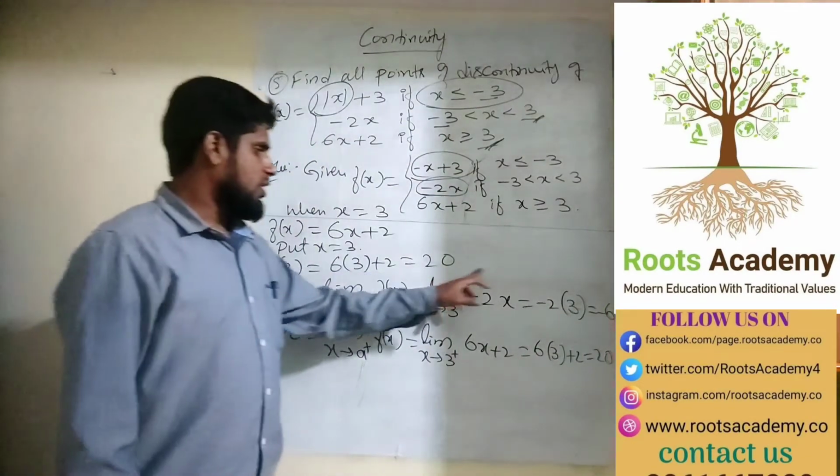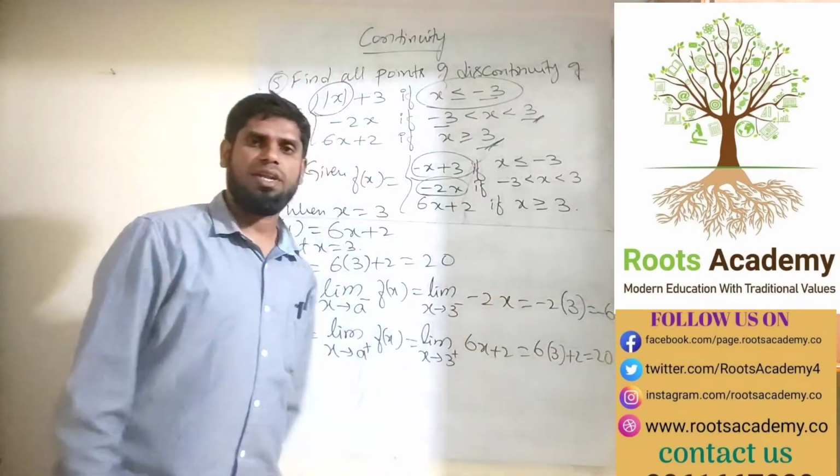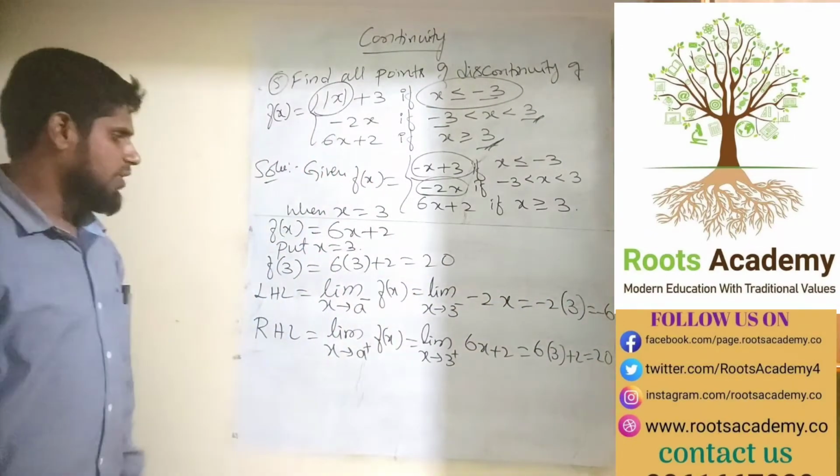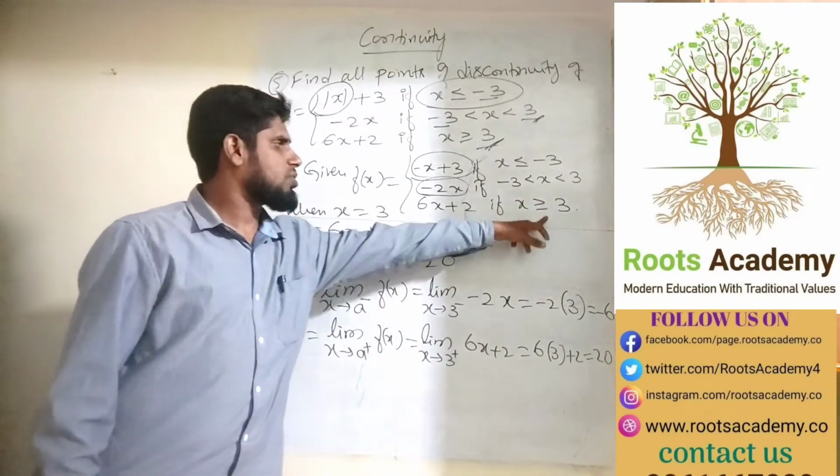Now students, here we can check the values are different. All three are not equal. So this function is not continuous at x equals 3.